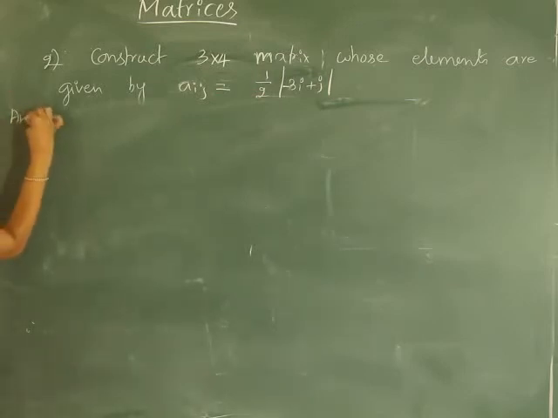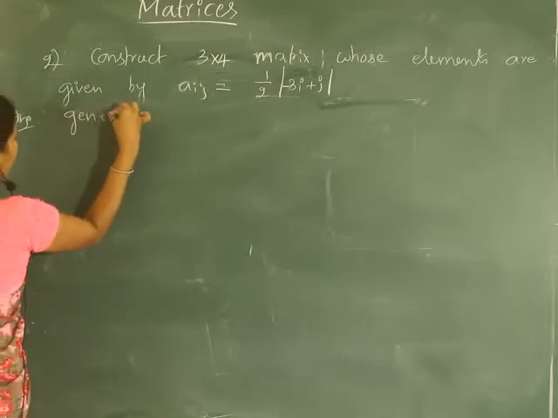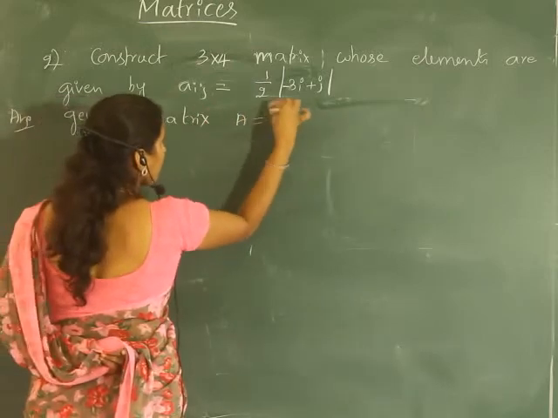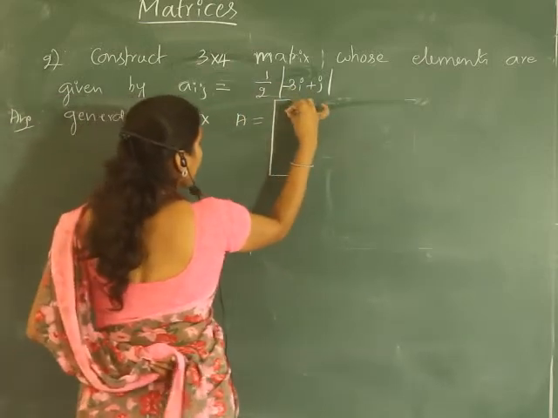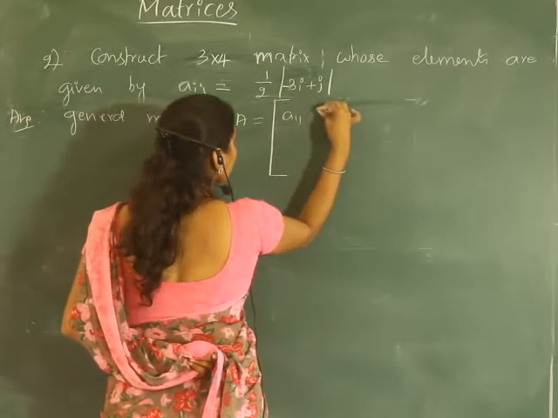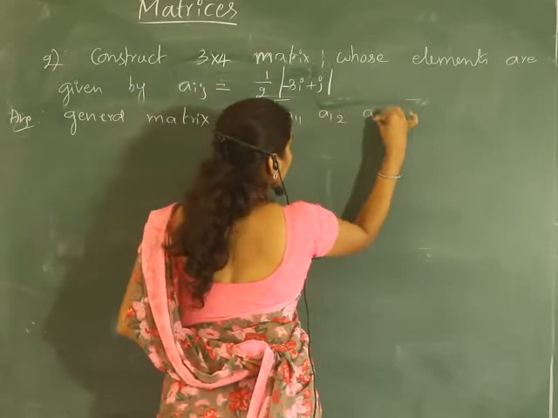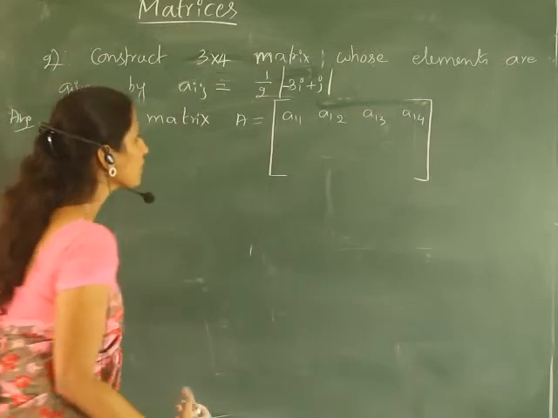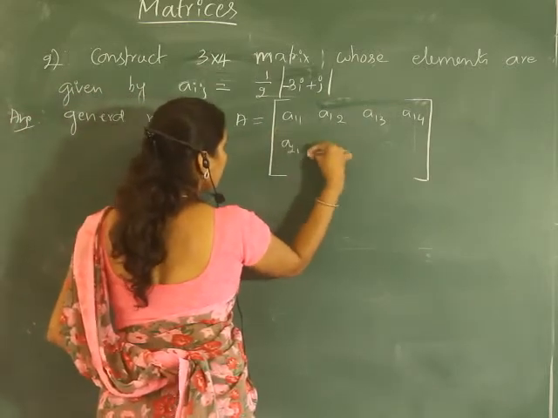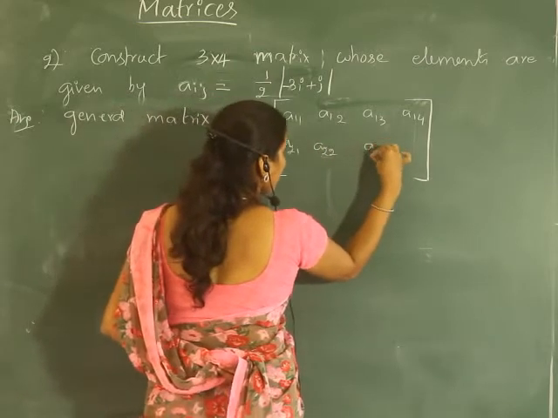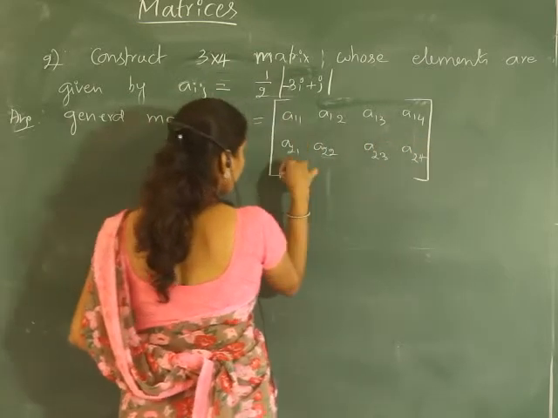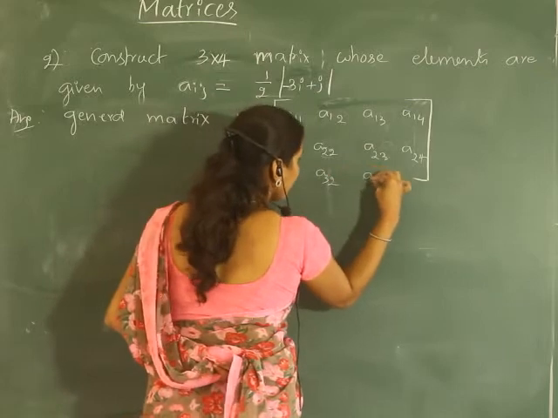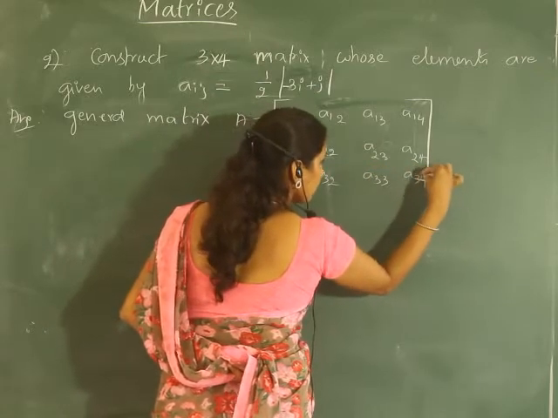So the general matrix will be A is equal to, 3 rows and 4 columns: A11, A12, A13, A14, then A21, A22, A23, A24, then A31, A32, A33, A34.